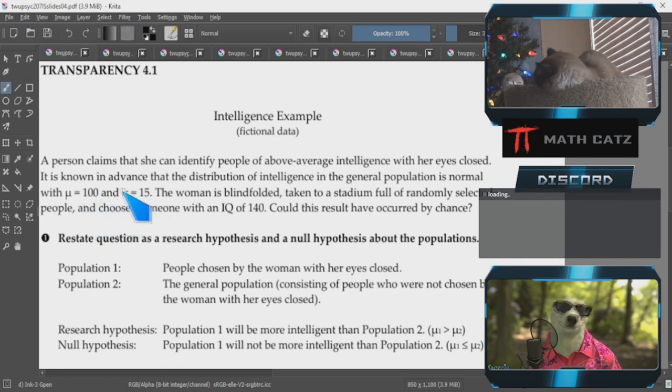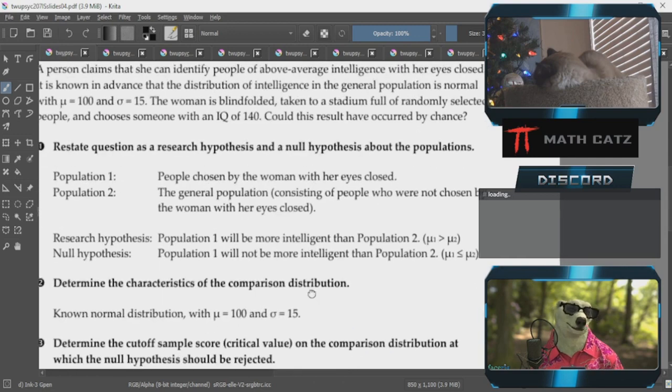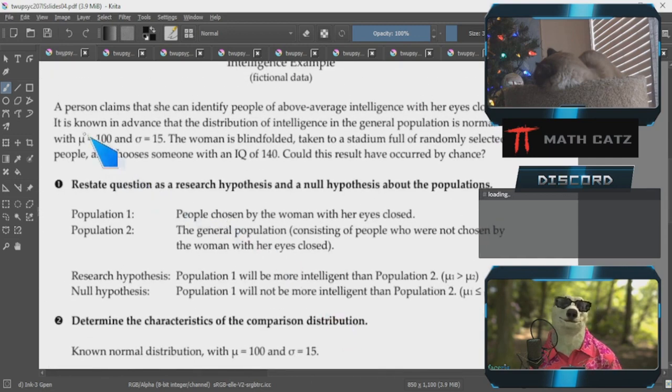Most of the time, 15 above, 15 below in that range, but of course, further out has a chance of occurring as well. So we need to keep that in mind. So what we're going to do is look at the distribution that they suggest here. Normal distribution, mean 100, standard deviation 15.